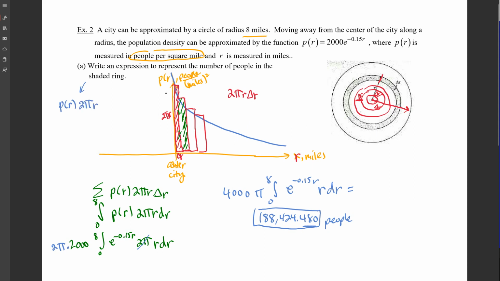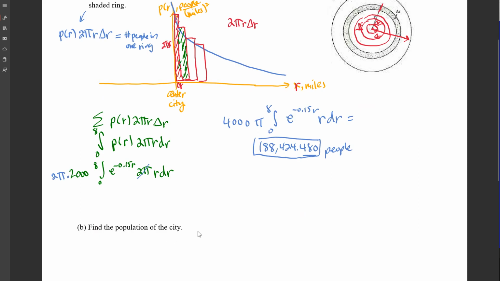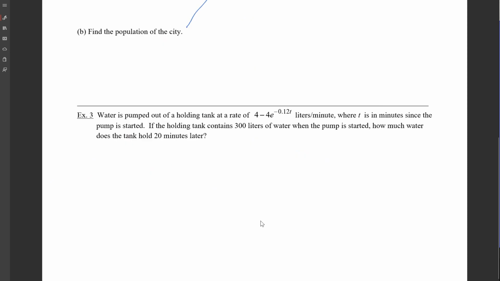So 2 pi r delta r. Okay, so make sure you know how to do that for letter A. And then this would be the number of people in one ring. Then, find the population of the city. So this answer goes with the population.